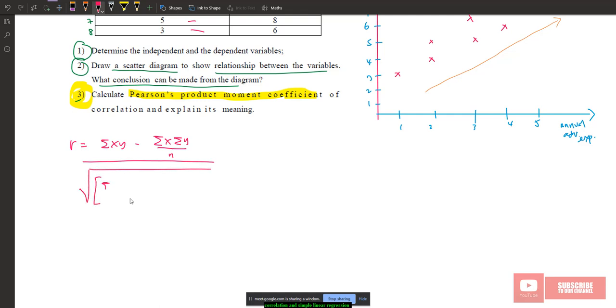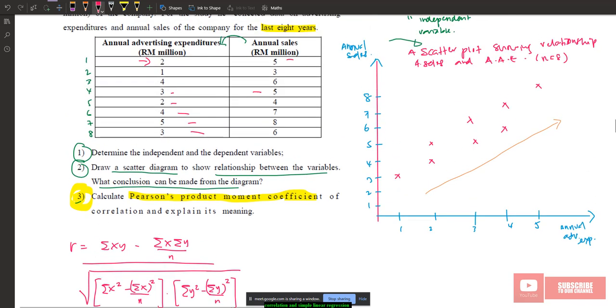The first part is summation of x squared minus summation of x, then squared, divided by n, and the second part is summation of y squared minus summation of y, then squared, divided by n. And don't forget, there is a square root over the whole denominator, right? So of course we have our x and our y, right? Let me clear some of this.